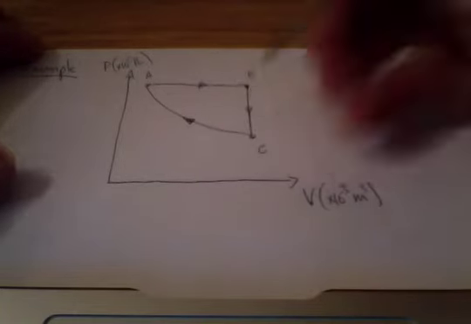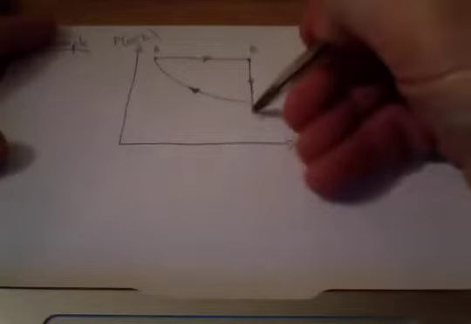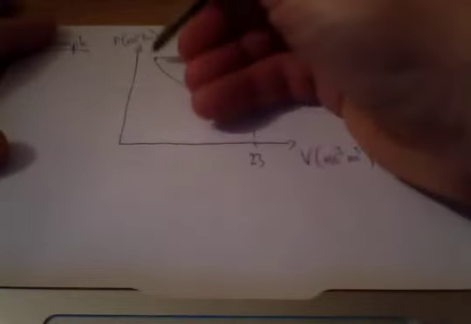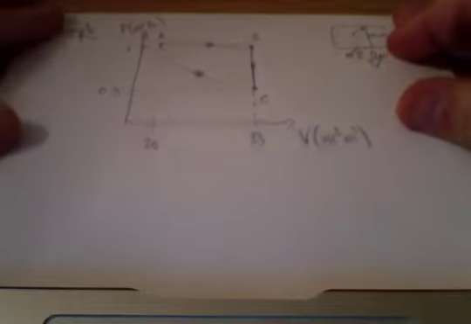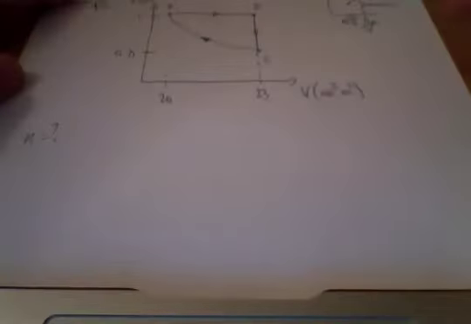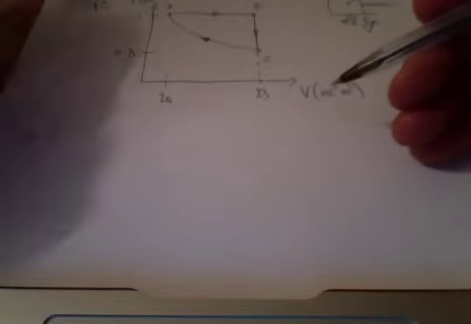Let's put some numbers to it so we're familiar with what's going on. 20, we have a lower point of 0.8 and a higher point of 1. So I suppose first of all, let's work out the number of moles. If you think you can do it, hit pause, give it a go. Otherwise, I'll work the solution straight away.